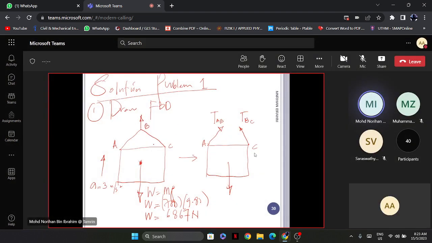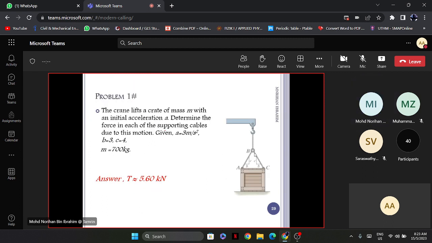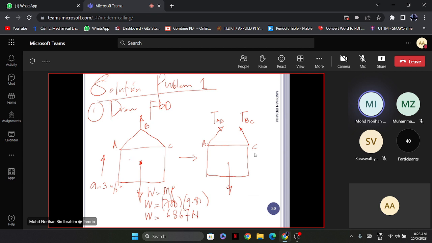It is given that the triangle is 3, 4, 5.